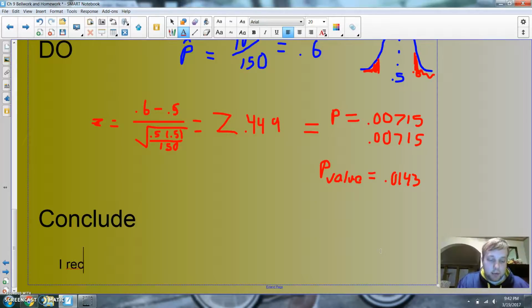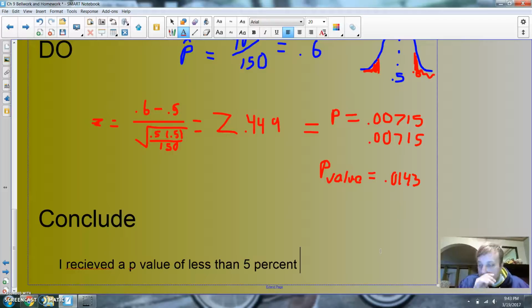I received a p-value of less than 5%. And remember, 5% is where I'm drawing my line. I got a 1.5% for my sample of 0.6.